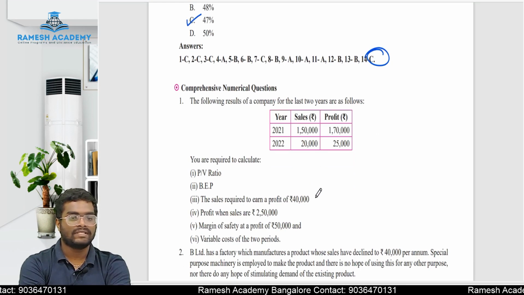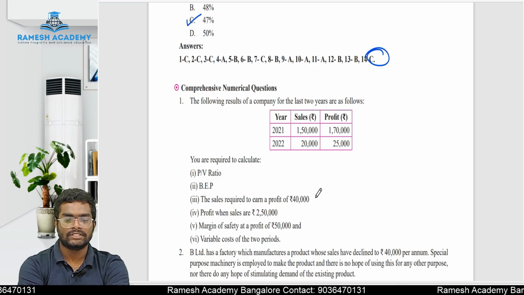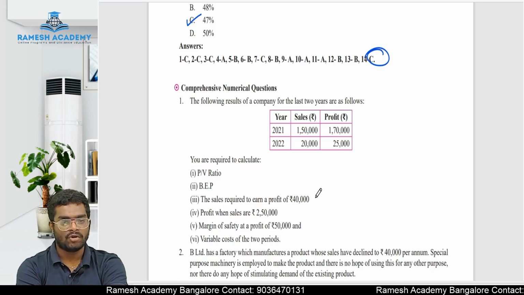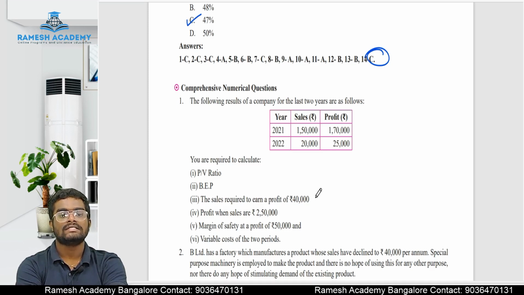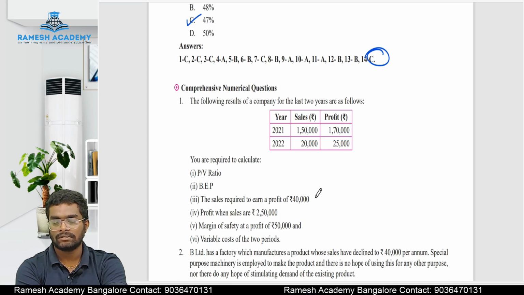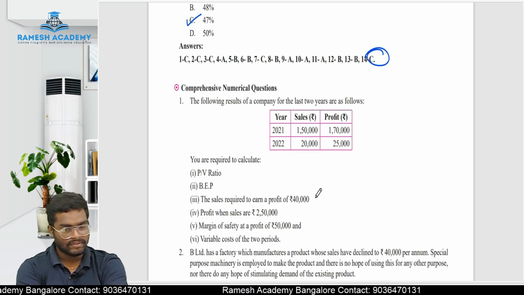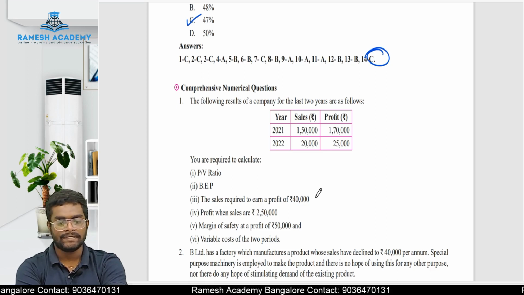You have to find the PV ratio. They have given 2-year sales and 2-year profit, which means you can obviously calculate the PV ratio. Once we have the PV ratio, we can build the income statement. What is the income statement here? Sales minus variable cost minus fixed cost, you'll get the profit. Once you build that, you have the fixed cost, you have the PV ratio, you can find out the BEP.